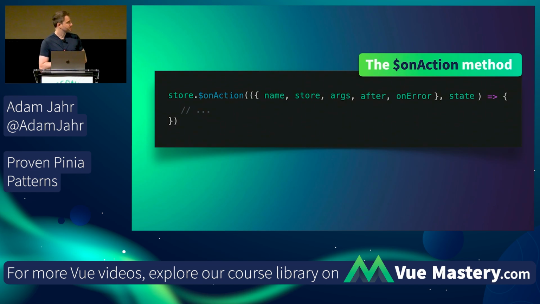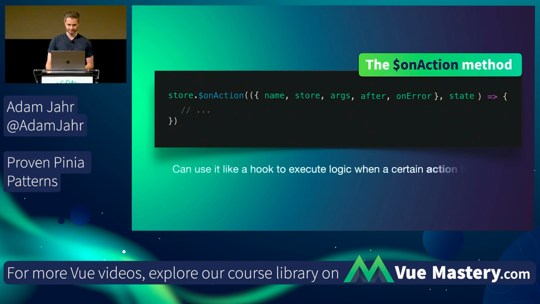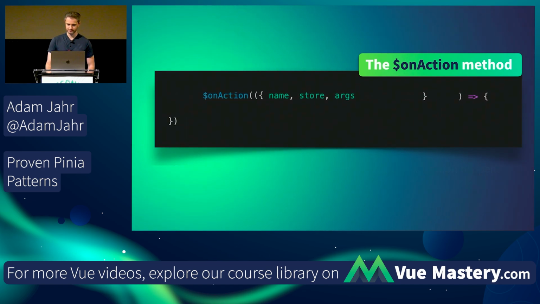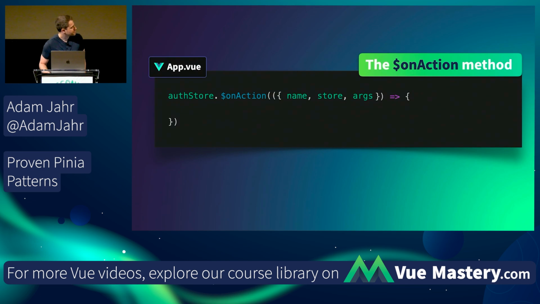And note how we also are able to pass in state optionally as a second argument in case we need it and want to process it based on those different hooks. So here in this example, we're using it to log information about which action was triggered in the authentication store.